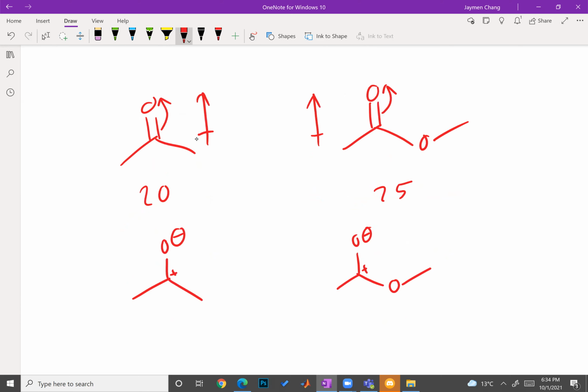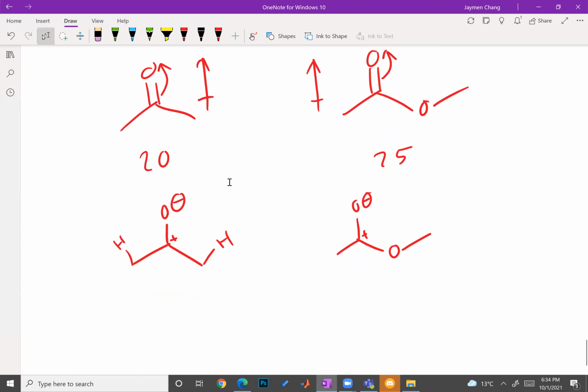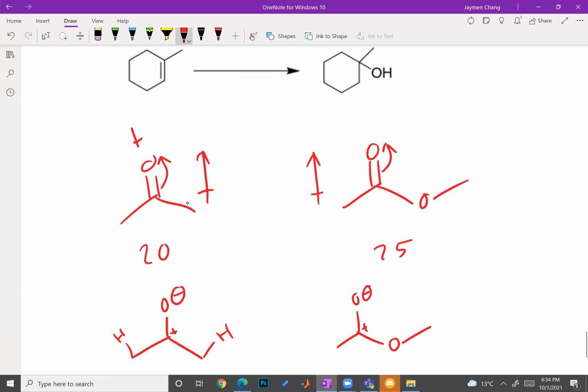Now, the question we want to ask is, now that we have this, what does this actually mean in terms of the reactivity of the acid? Let's think about these hydrogens. So this is our ketone and this is our ester.